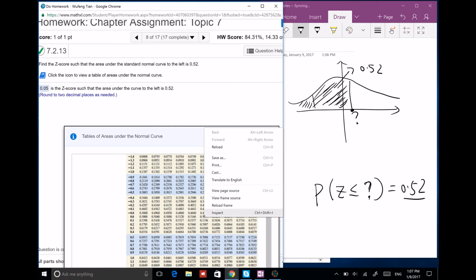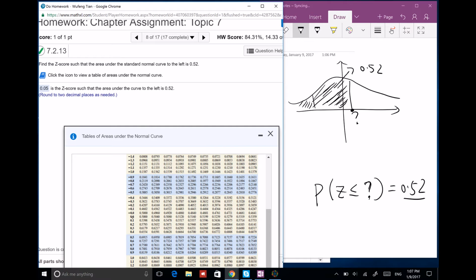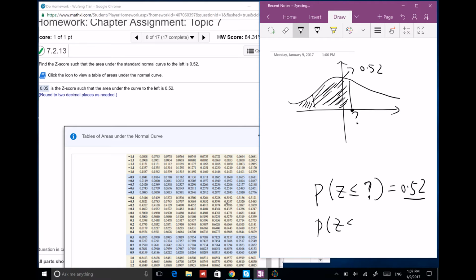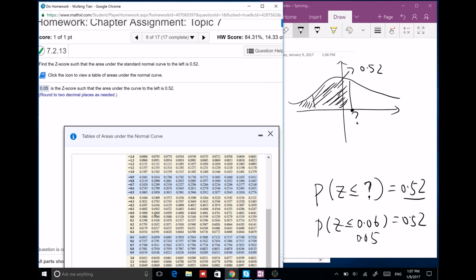So 6. Okay, sorry, my bad. 0, 0, 1, 2, 3, 4, 5, 6. Actually, you can do this one: probability of z less than or equal to 0.06 equals 0.52. Well, it actually accepts 0.05. Sometimes it accepts the closest number as well. So 0.05.